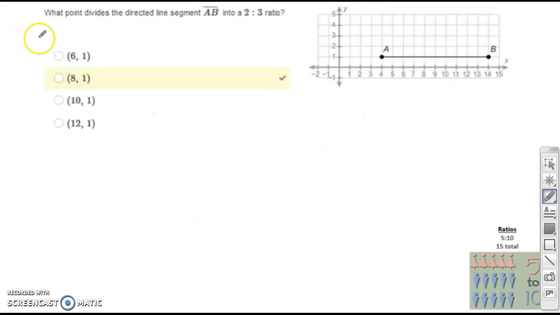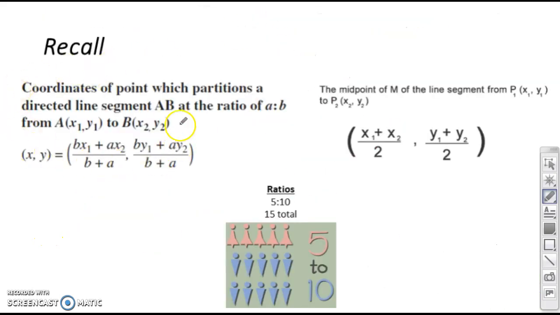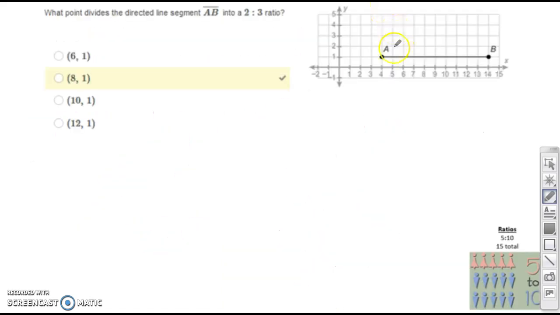All right, what point divides the directed line segment AB into a 2 to 3 ratio? Let me start off by saying that you can use your formula to partition a directed line segment. It would work, but for me it's a little bit easier just to think about the ratio.